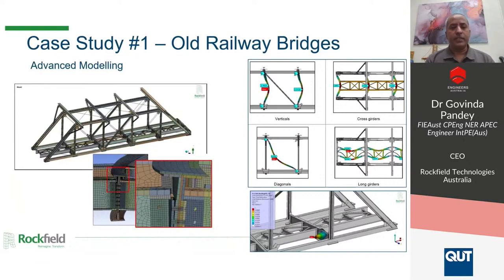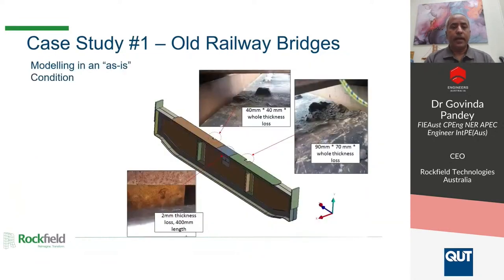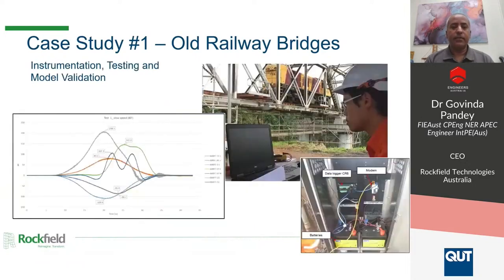So in this instance, we took it to a very advanced level in terms of modeling, and some of them also have corrosion issues. So it's important to build that into your model, and we used as-is condition to incorporate the current state of the structure into the modeling.